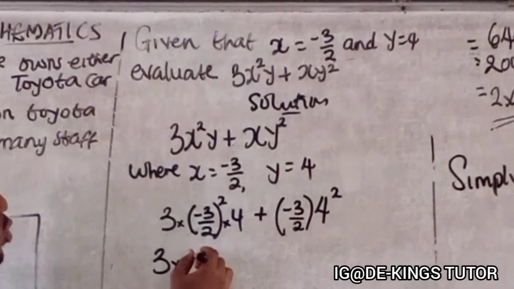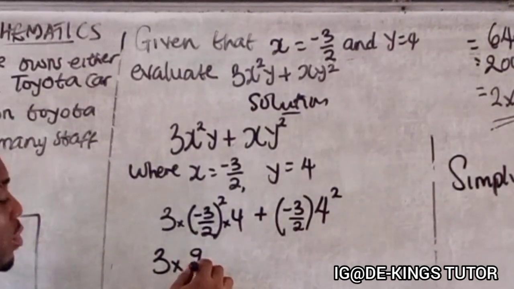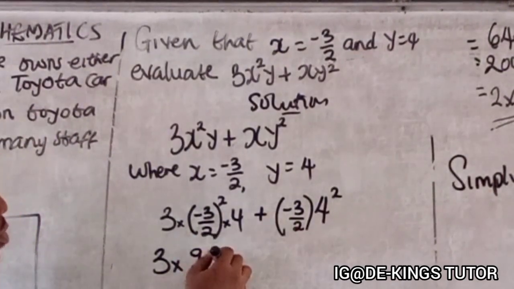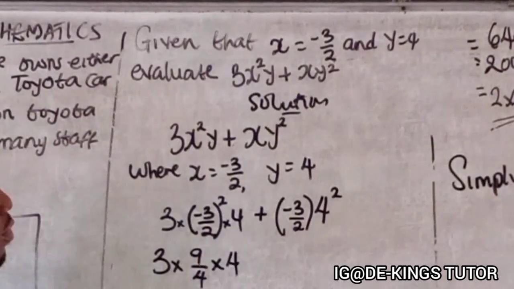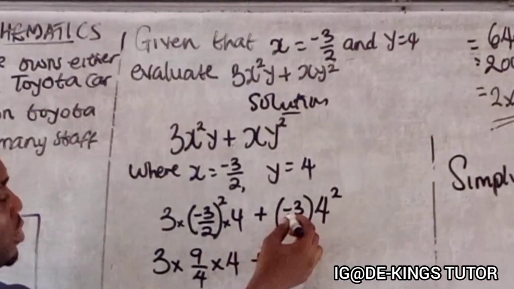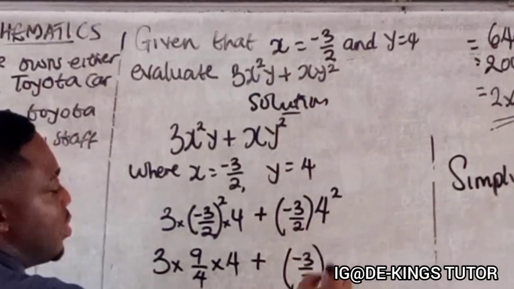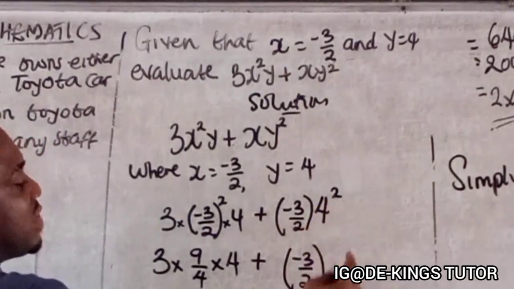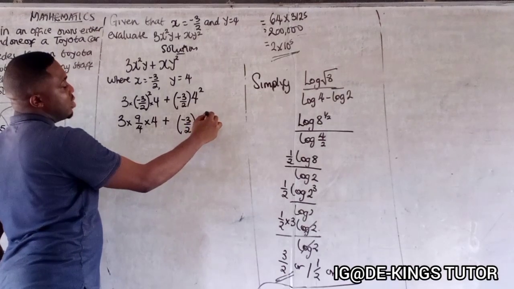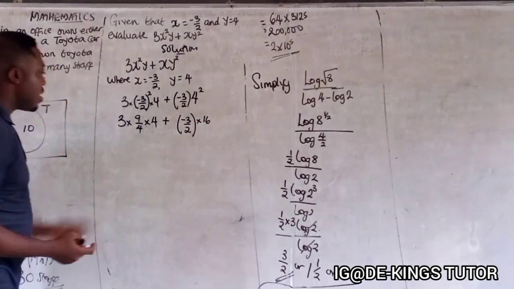So from here now, if we have 3 times, we get the square of this. Minus 3 squared will give us 9 over 2 squared, which is 4, times 4, plus minus 3 over 2 times 4 squared, which is 16.